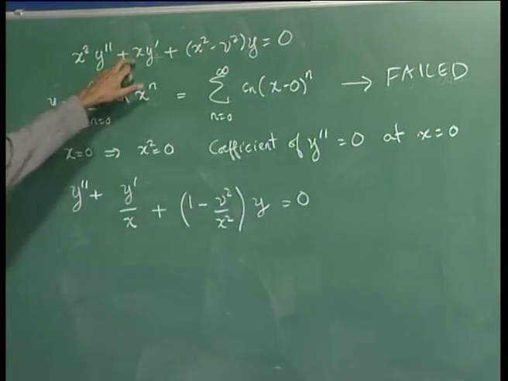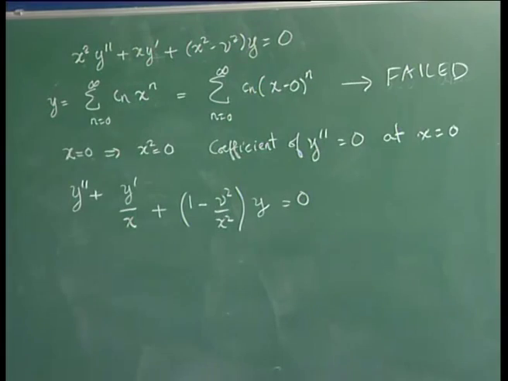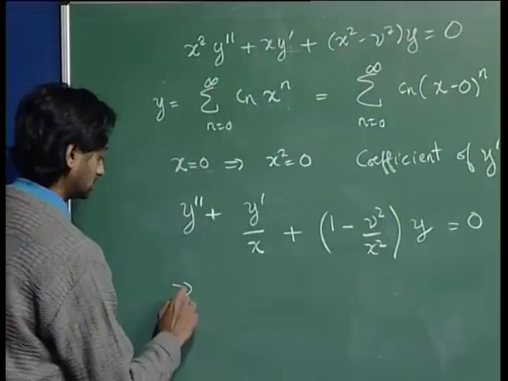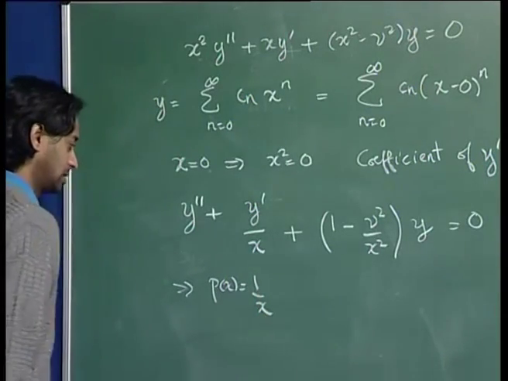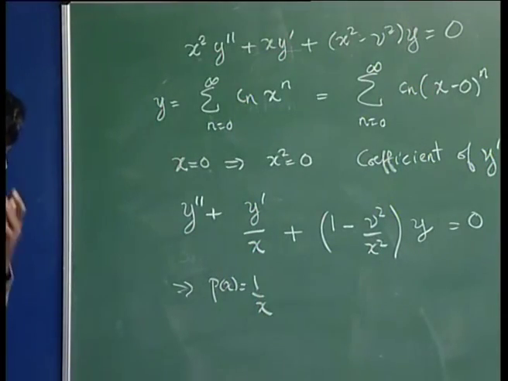I just divided by x squared. So this implies p of x equal to 1 by x, and q of x equal to 1 minus mu squared by x squared.